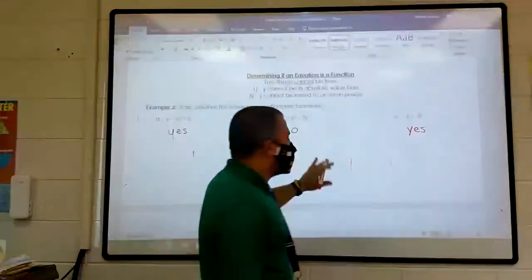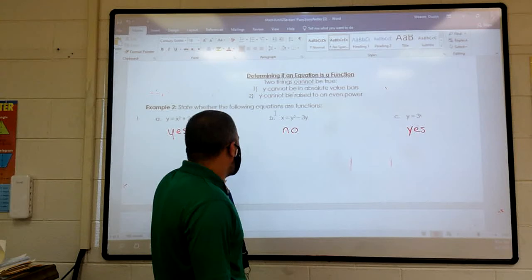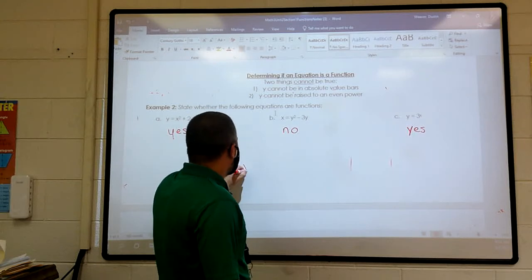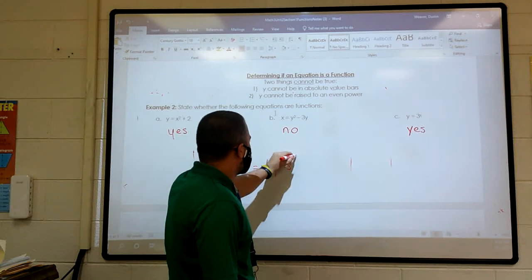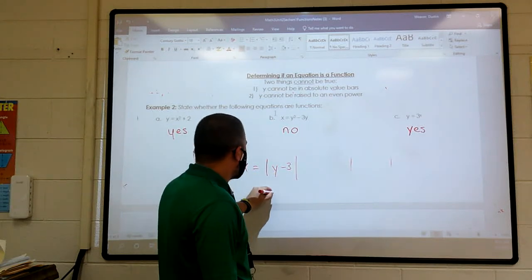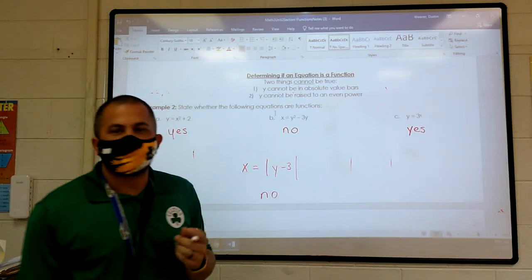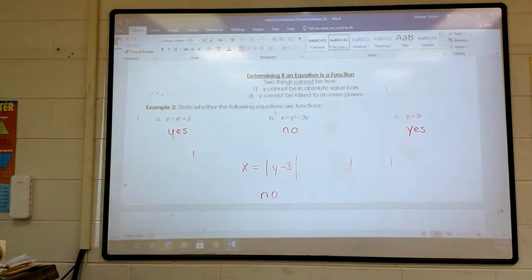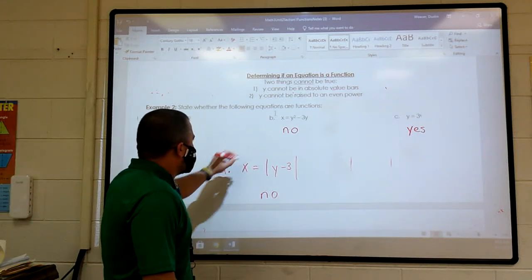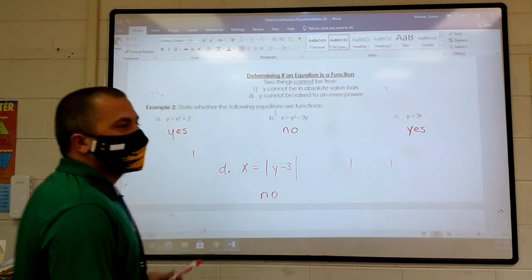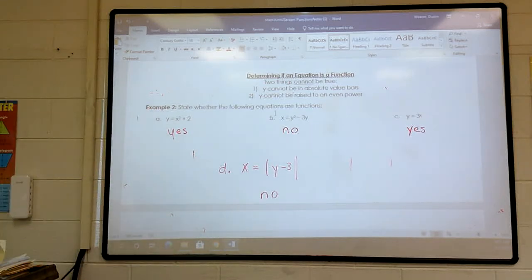Now, another one that would be no that I can write on here, if you had like x equals the absolute value of y minus 3, something like that, that would be a no. So y is an absolute value, so that's a no, it's not a function. I can call this D. These are two ways when you see an equation that you know it's automatically not a function.